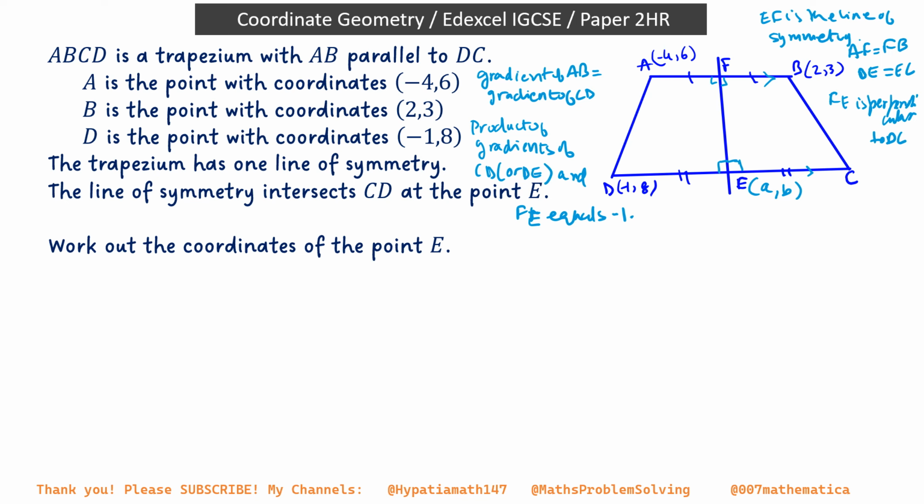If I write gradient of AB, so we know it's y2 minus y1 over x2 minus x1, so 3 minus 6 divided by 2 minus minus 4, that is minus 3 out of 6, that is minus 1 out of 2, and that is equal to the gradient of DE.